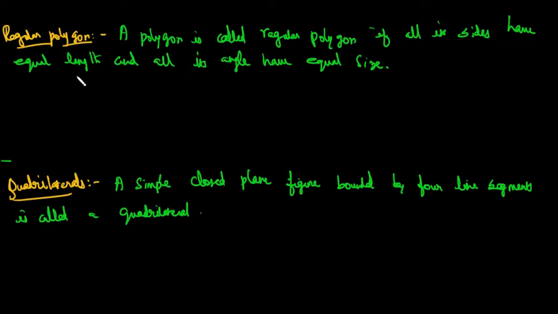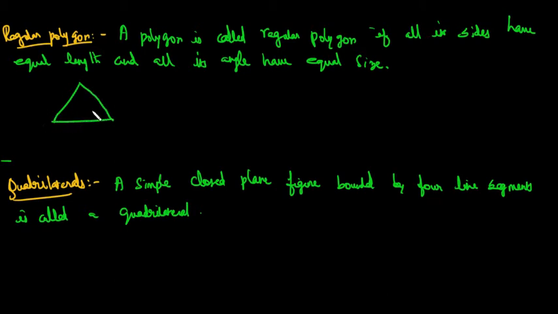So when can we say that a polygon is regular? When all the sides are equal. We know it starts from a triangle. In which triangle can we say it's a regular polygon? The equilateral triangle. We know what an equilateral triangle is. In an equilateral triangle, all the sides are equal.